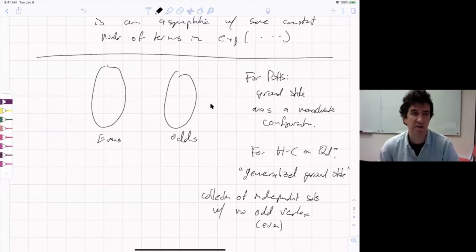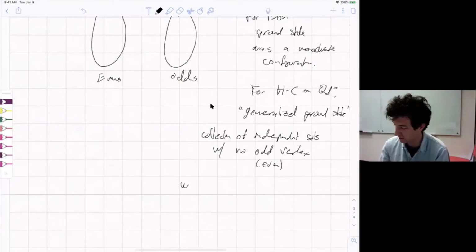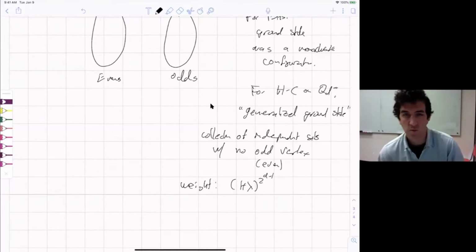Okay, so this is a little bit of a change. Instead of thinking of a ground state as a single configuration, now we're thinking of a ground state as a collection of independent sets, and the weight of one of these ground states is (1 + lambda)^(2^(d-1)). Okay, and so that's a little bit of a different perspective.